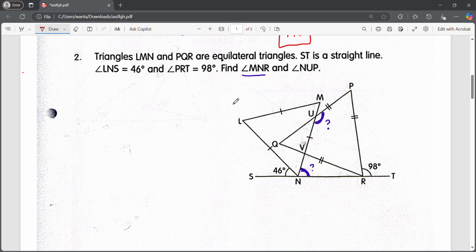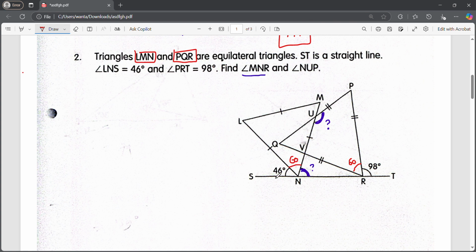So what do we know from the question? We know that LMN and PQR are equilateral. So that's a big hint. That means the angle over here is a 60, and the angle over here is a 60. At first you probably want to notice the question first, MNR.